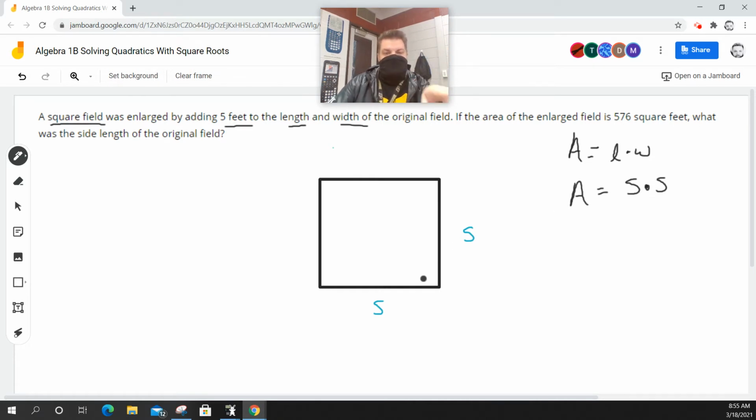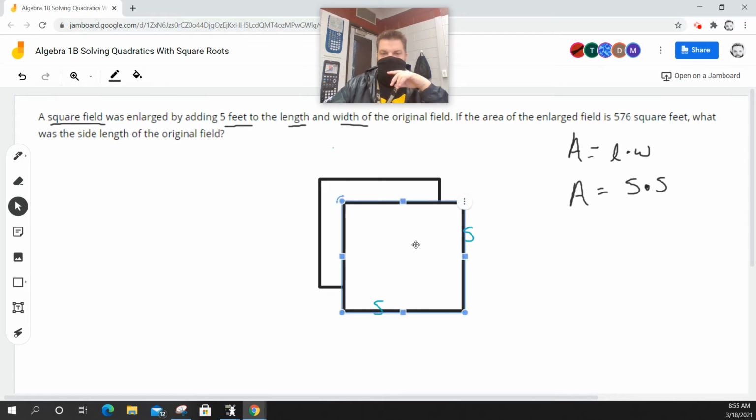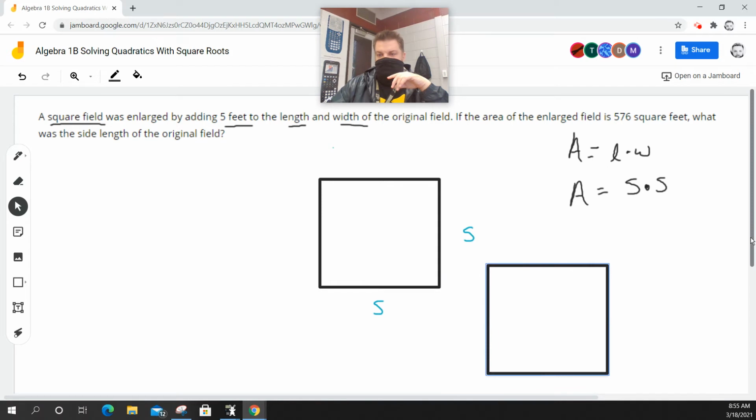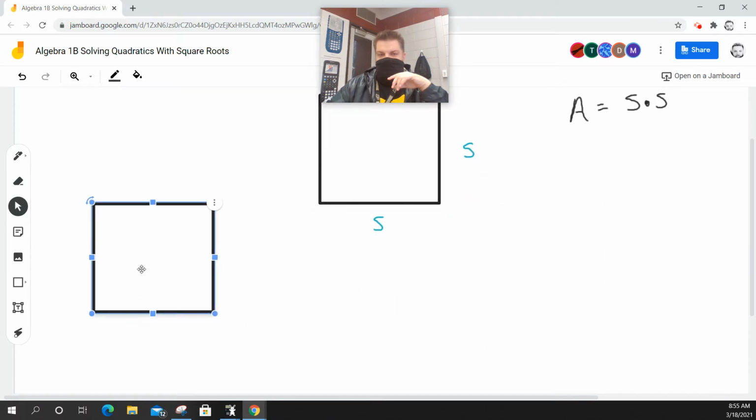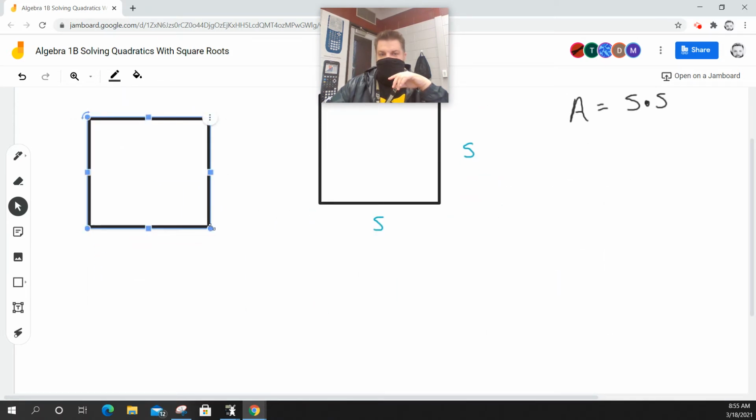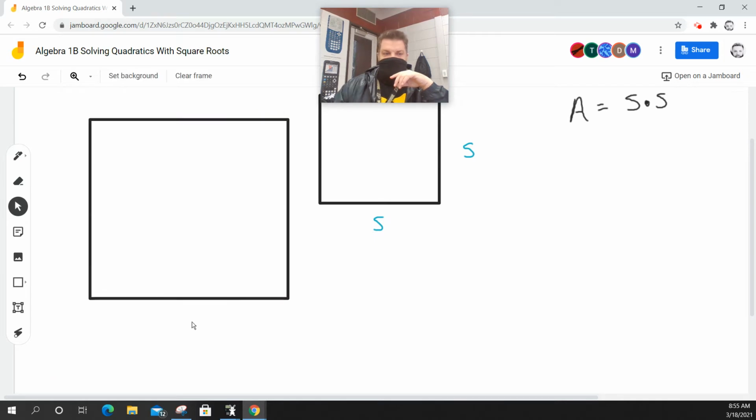So what they're saying is this is the original field, all right? And then they're going to take that field and make a bigger field. And they're going to increase it by 5. So this bigger field now is going to be S plus 5, and this would be S plus 5, okay?